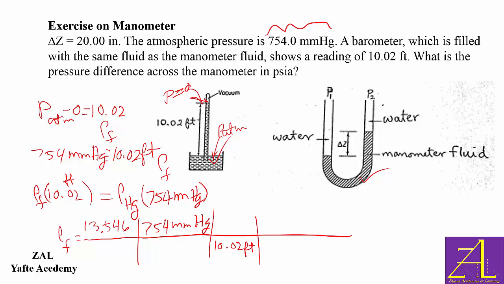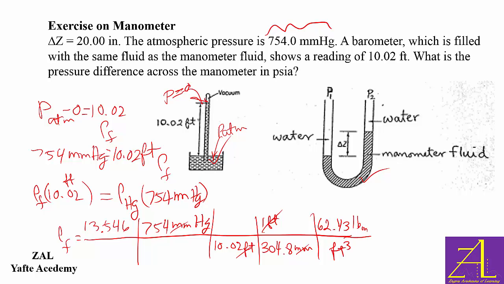I have to make a conversion of 1 foot here over 304.8 millimeter. So foot cancels out and millimeter cancels out. I have to multiply it by 62.43, which is the density of water, pound mass per foot cube.